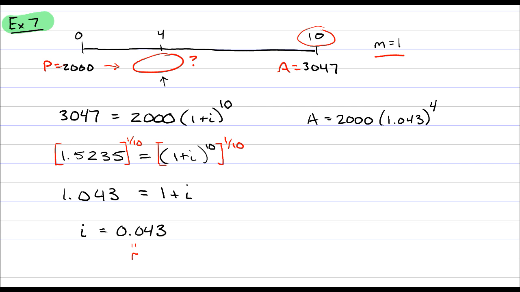Now in this case, I'm accumulating out to t equals 4. I want to know the value after 4 years, so I'm going to use 4 as my exponent. So if I plug this into my calculator, I'm going to get $2,366.83. Okay? So that is the value of this account after 4 years.